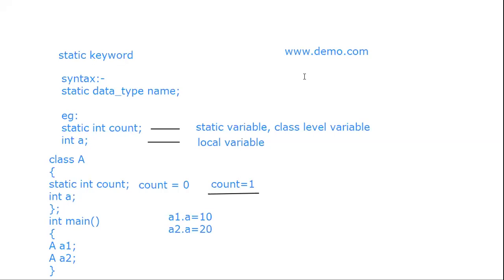Assume that after the first 10 students visited the website, the counter value is 10, and if the 11th student visits, the counter is going to increment again. So we use the static variable, all these students share that common value, and the variable accesses the latest value. This is the actual use of a static variable.